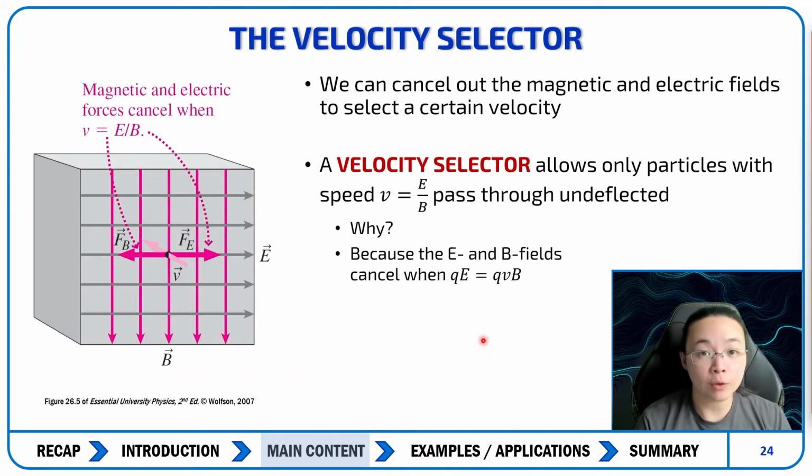So moving on towards what's called a velocity selector, we can actually cancel out the B and the E, as I mentioned before, and basically have V equals E over B. So why would this happen? It's because if we can set up a system where QE is equal to QVB, we'd be able to cancel out both of the forces and just end up with E over B quantities of the magnetic field.